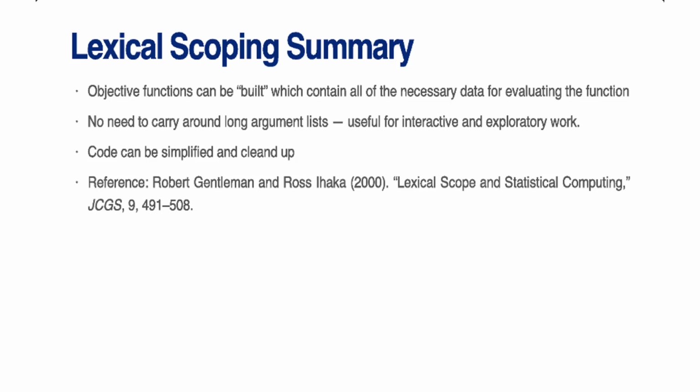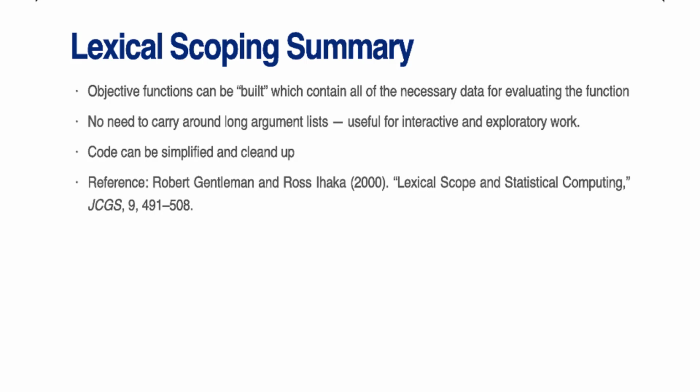They are built into the environment and they will be automatically looked up in the right place. So you don't have to carry these long argument lists in order to evaluate the function every single time. So this can be very useful for interactive work and for exploratory work, like for example making these plots. And so the code for these types of functions can be very simple and clean because you don't have to carry these large argument lists.